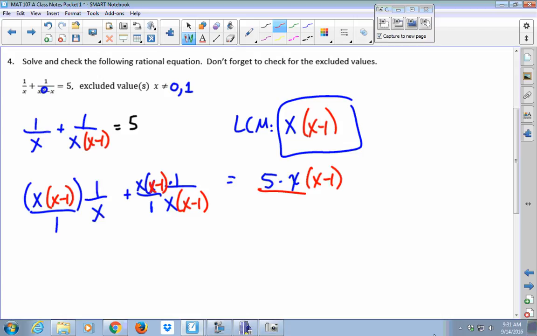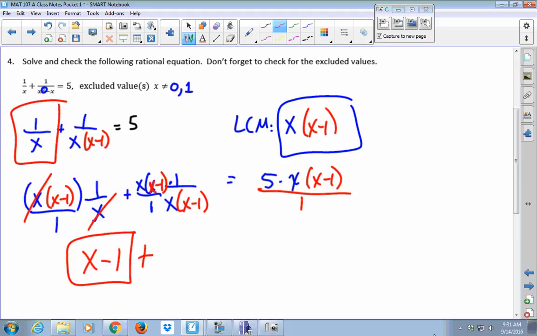If you want, you can put that all over 1. It doesn't matter. Now get rid of those denominators. x goes with x. So what are you left with? 1 times x minus 1, which is just x minus 1. That's my first term now. So this 1/x has become x minus 1.